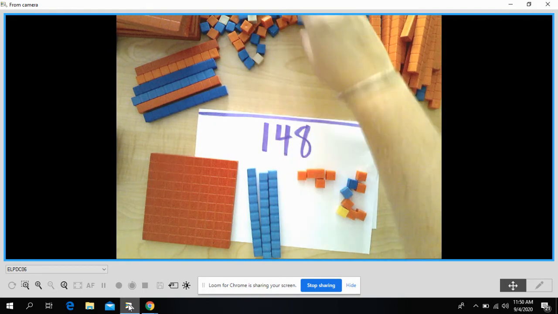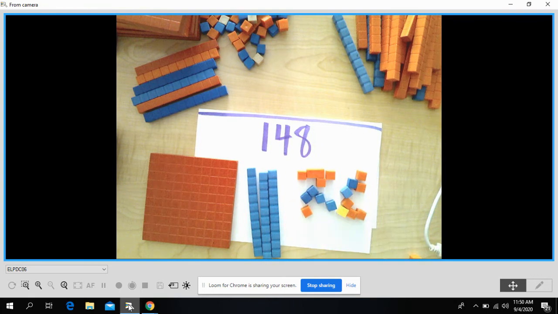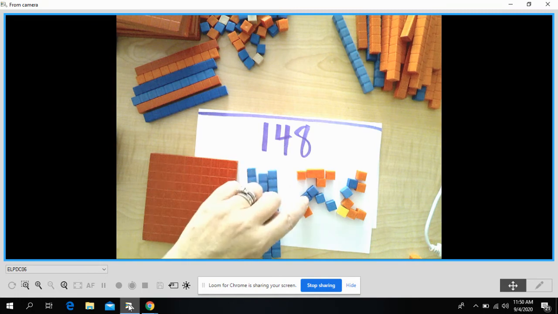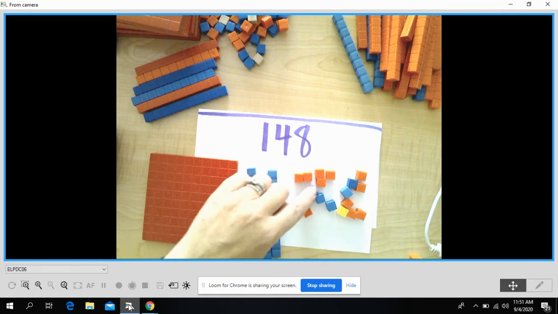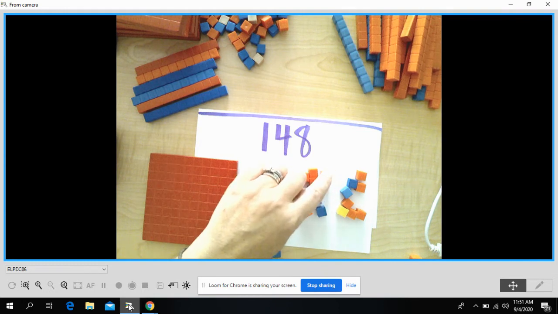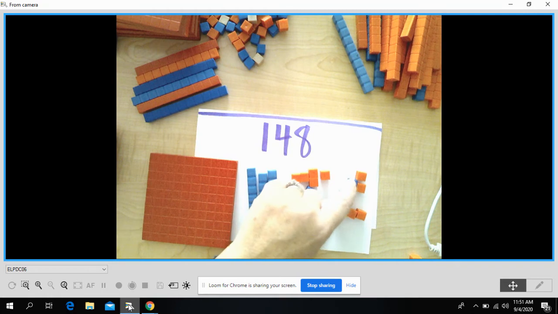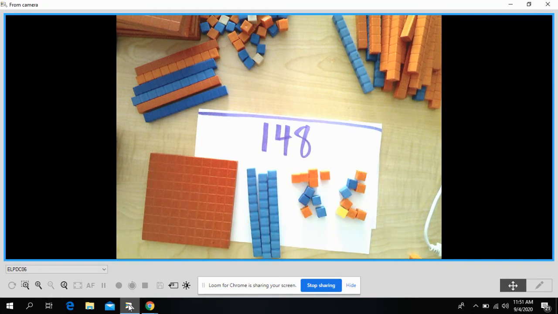That's 1, 2, 3, 4, 5, 6, 7, 8, 9, 10. So let's count our number again. 100, 110, 120, 130, 131, 132, 133, 134, 135, 136, 137, 138, 139, 140, 141, 142, 143, 144, 145, 146, 147, 148. That's another way to write 148.